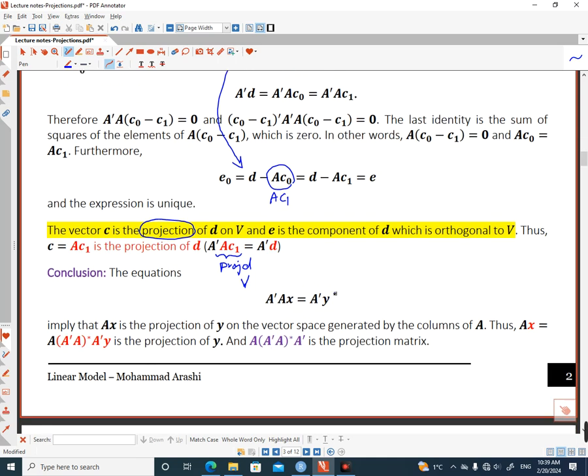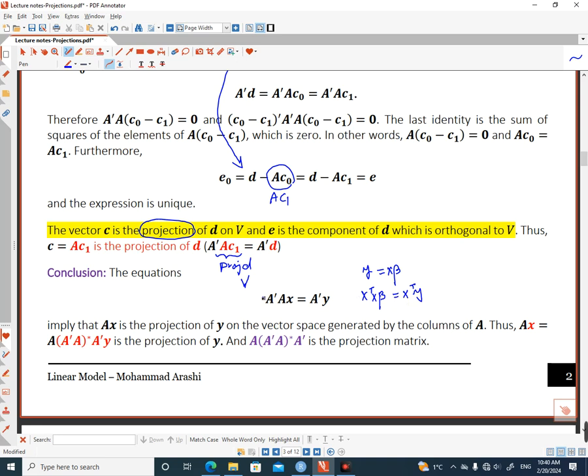If I have such an equation, you are pretty familiar now with such an equation, if I write the common expression for that, which is the linear equation y equal to x beta, then we can say we have x prime x beta equal to x prime y, and this way we are actually mimicking the same notation. So in this notation, I can then get the projection.